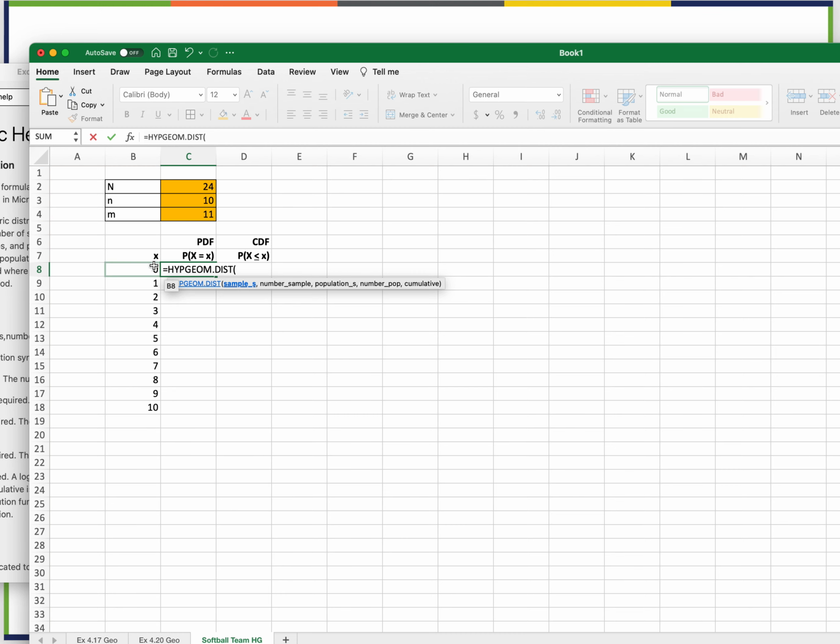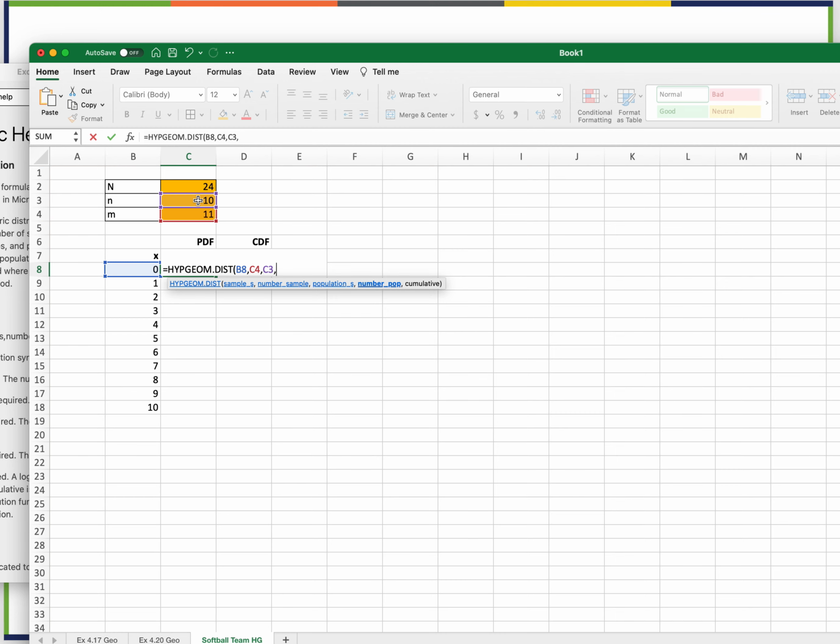So in this case, I think it's going to be the X, which is going to be 0 in the first case. Number in the sample. Well, I think we want 10. Population successes, I'm guessing M. And then what's my population?